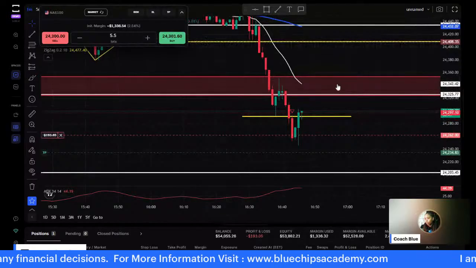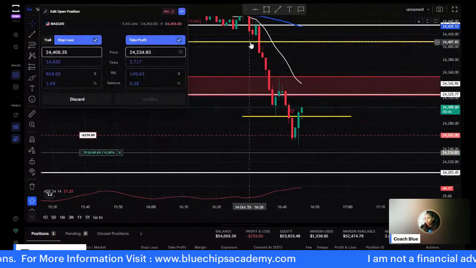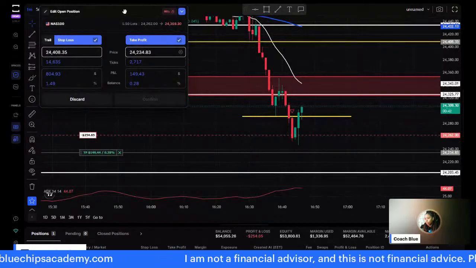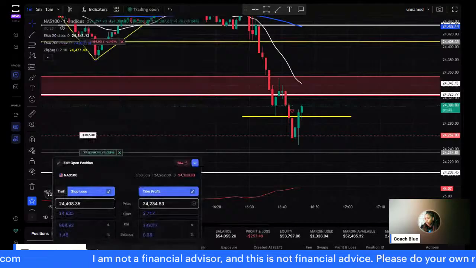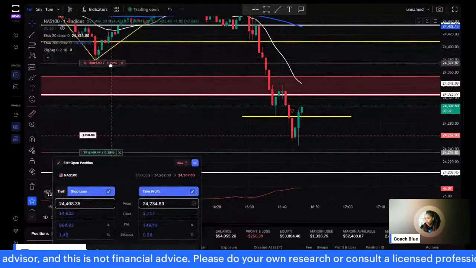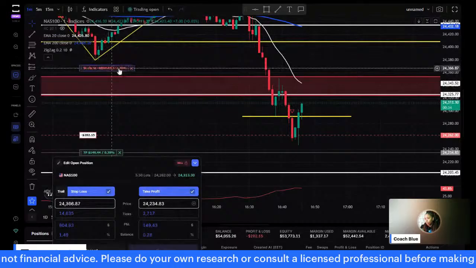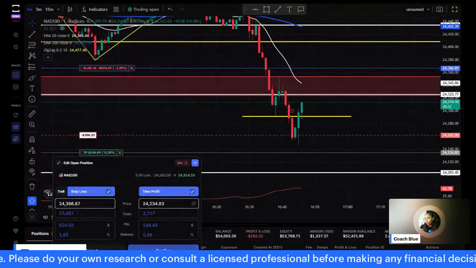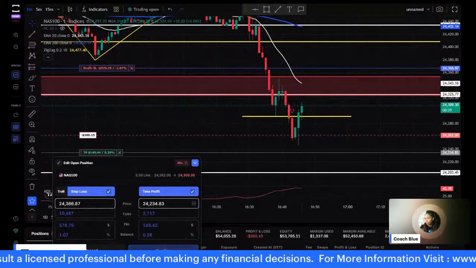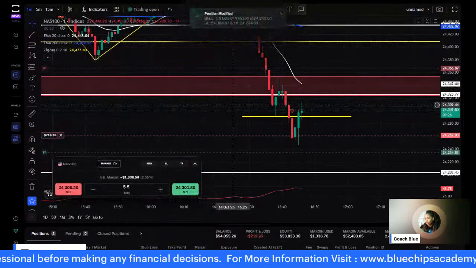Hold on one second. Bring my stop loss down to here. Oh, right here. Okay, so stop loss adjustment is 24,366. You can keep it at the original one if you want to give it a little bit more space.